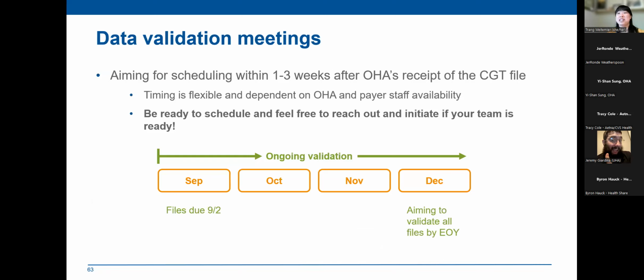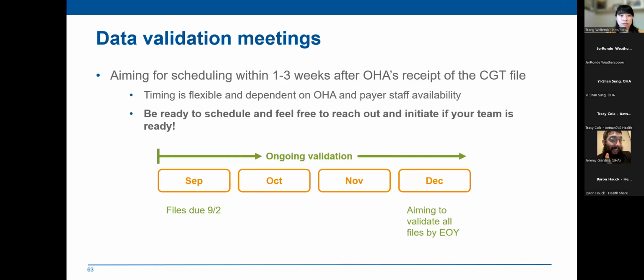All right, so we are hoping to reduce the amount of time on data validation with this 2022 submission cycle. We're doing that via these validation tabs that you, the payer, can check. We're also doing it via these pre-scheduled meetings. We already have meetings on the books.